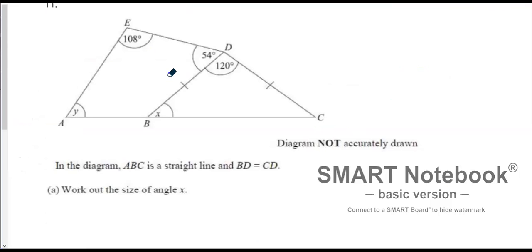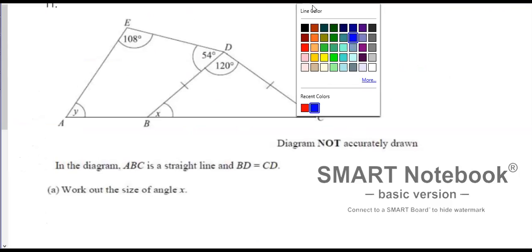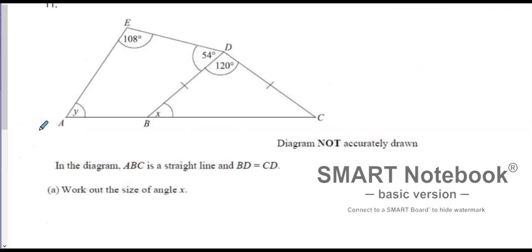We have this question here. This question says: here is a diagram which has one part a quadrilateral, another part a triangle.